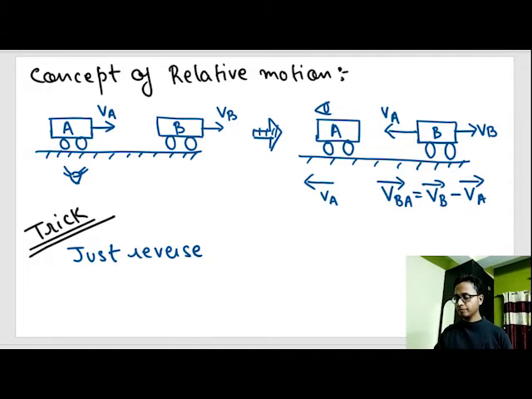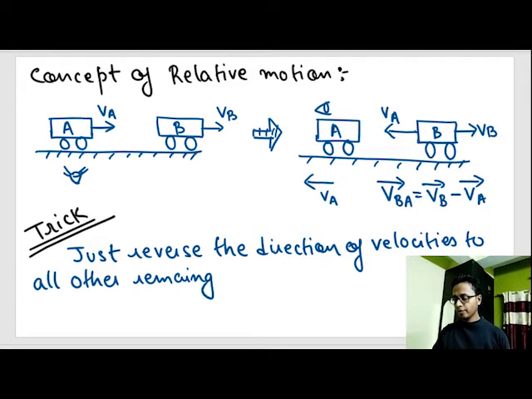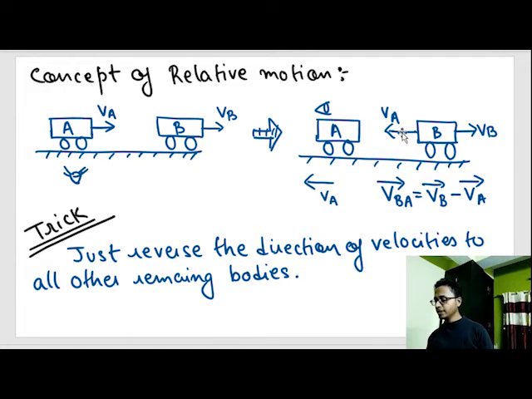That means here the body had velocity VB, and we applied the velocity in the opposite direction to body B and to the ground. So the velocity of B as looked at by a person in car A is given by VBA, the velocity of B with respect to A, which equals the velocity vector of B minus the velocity vector of A.